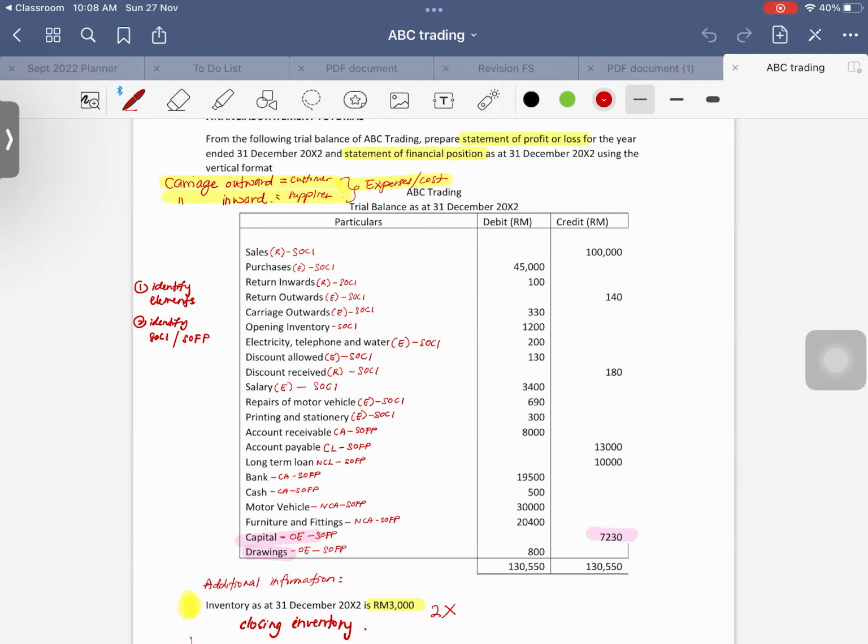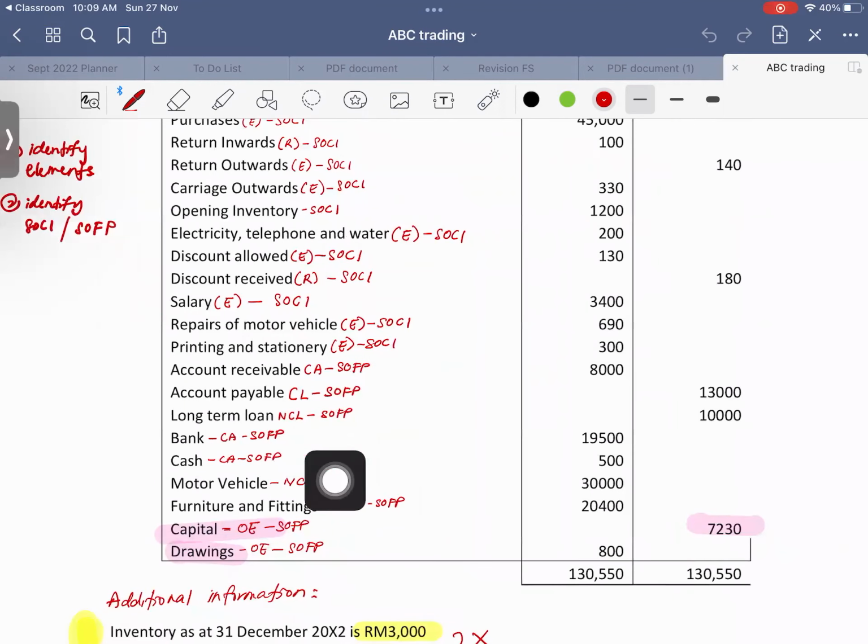First thing first, macam I cakap, identify. So assuming that we have already identified all of the items in here. Okay. Ini bukan macam soalan tadi. Soalan tadi dia gabungkan sales and purchases together. So ini macam senang sikit when you want to identify kan, sebab dia dah bagi you satu-satu. And then here also they give you your current asset, current liability, non-current liability.